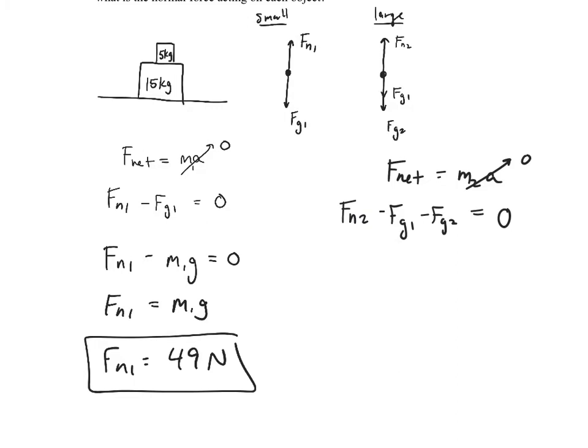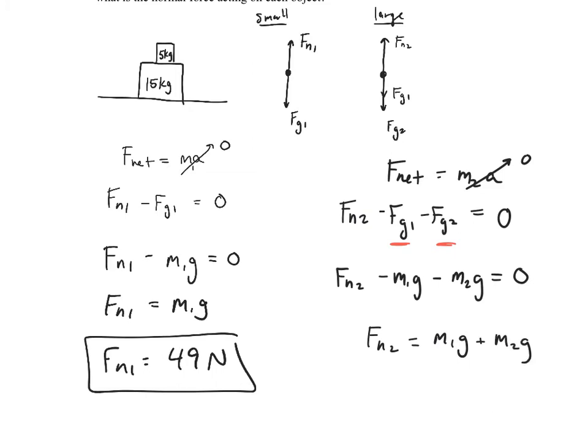I just literally list what I see in my free body diagram. Now, what is known? These values are both known. We know the weight of both objects. And if I were to solve this, this is what it looks like next. I'm just replacing Fg with its formula, and then I'm solving for Fn2.